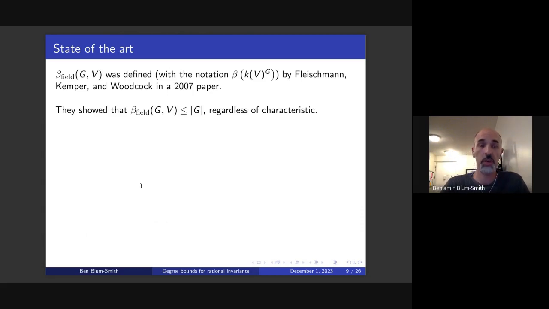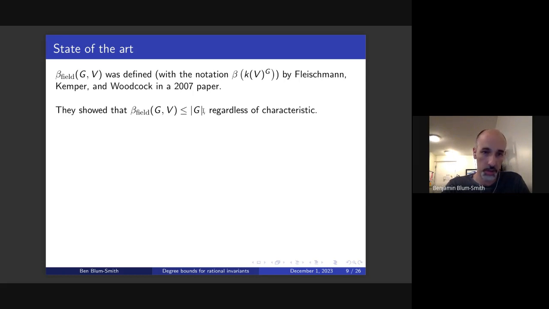about these numbers. So beta field was defined with slightly different notation in a paper by Fleischmann, Kemper, and Woodcock in 2007. And in the context of that paper, their purpose was to show that the Noether bound holds for beta field, and that's true regardless of characteristic.